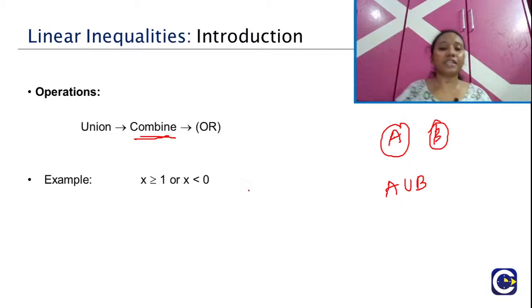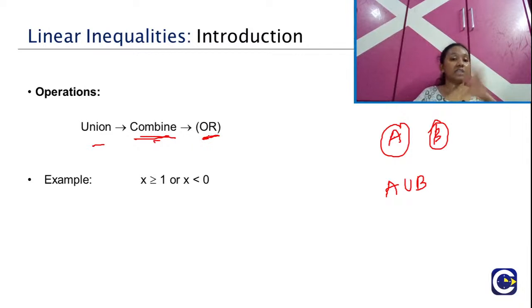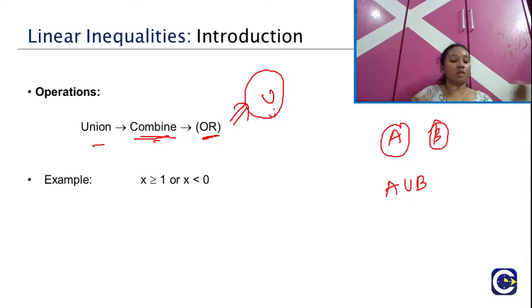If you see words like union, combine, or OR, these all refer to the union operation. So union means both the solutions will be considered and taken together.